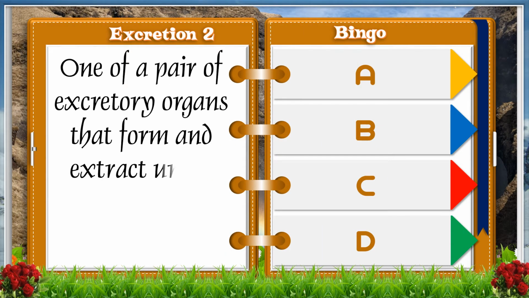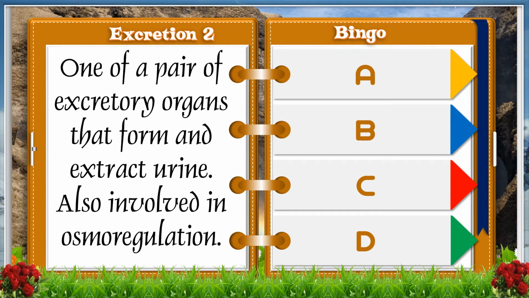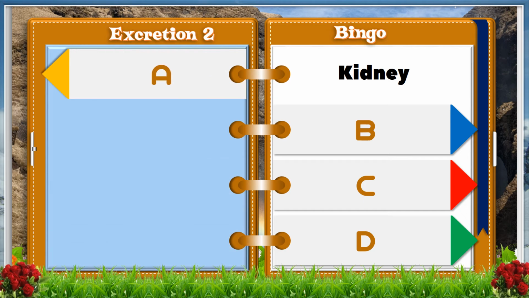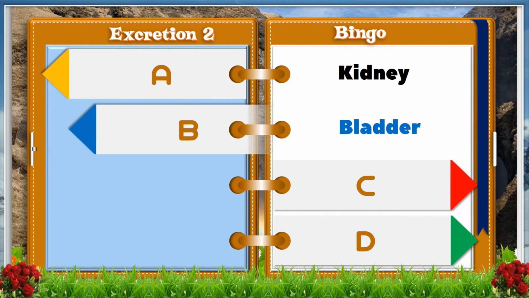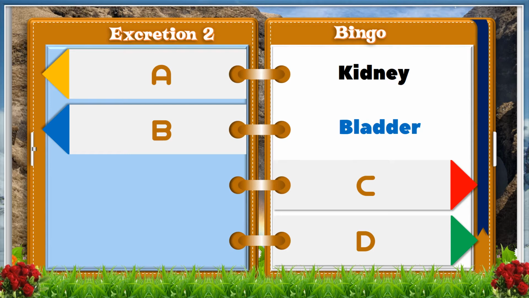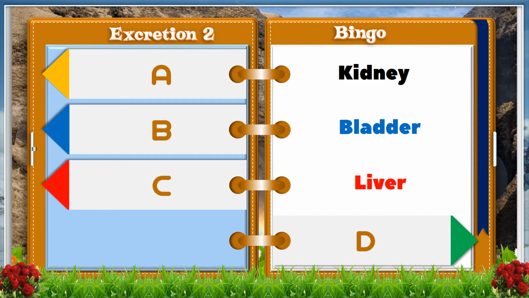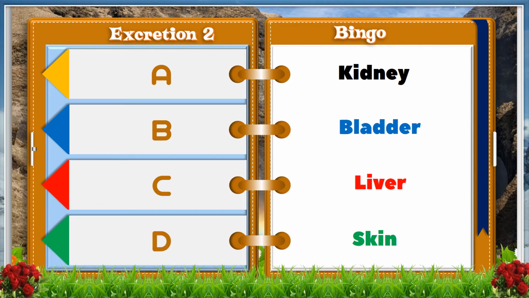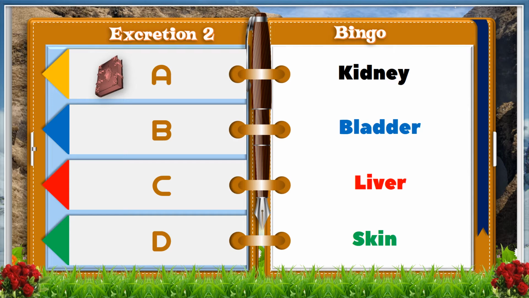One of a pair of excretory organs that form and extract urine, also involved in osmoregulation. A. Kidney. B. Bladder. C. Liver. D. Skin. And the answer is A. Kidney.